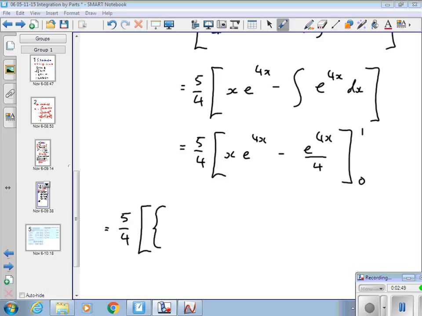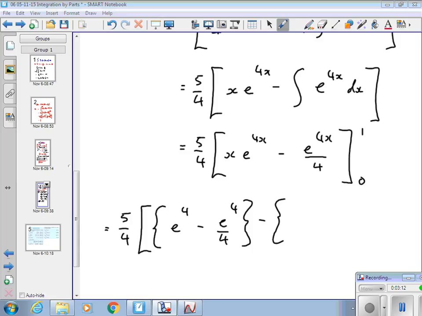So putting limits in, 1 times e to the 4, so that'll be just e to the 4 minus e to the 4 over 4, minus, putting the 0 in, everything's going to be 0.